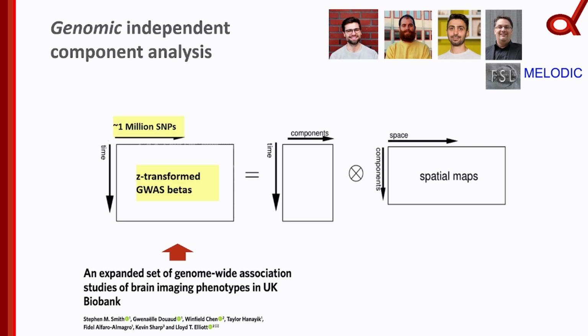And instead of time, or TR, we have 2,240 MRI traits. And so we decompose this matrix using ICA into independent components. And on the other side, we get, for every component, a vector of MRI trait weights and a vector of genome-wide SNP loadings. And the independence is maximized in the SNP dimension.